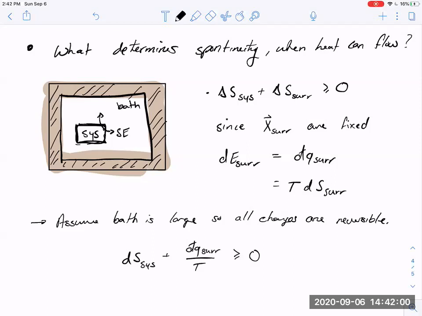Substituting the entropy change by its reversible limit, where it is nothing other than the heat. Now, if the bath gains some heat, it must be because the system released it, or that is to say that heat flows to the surroundings are equal and opposite heat flows from the system.